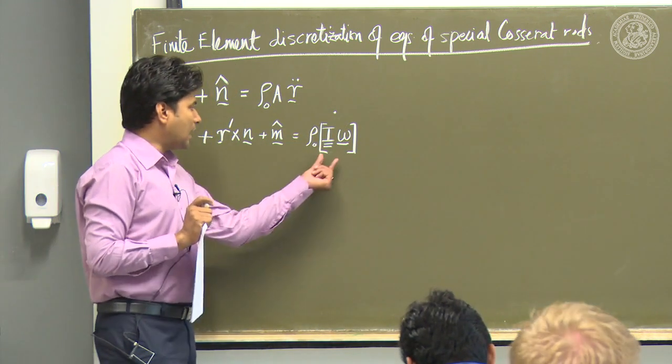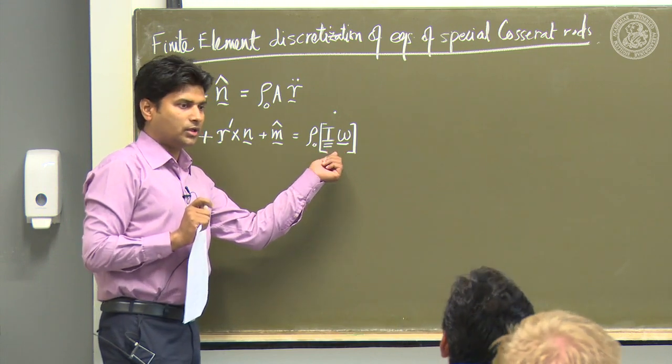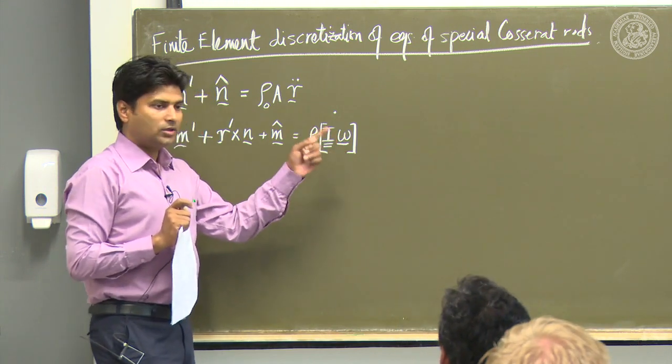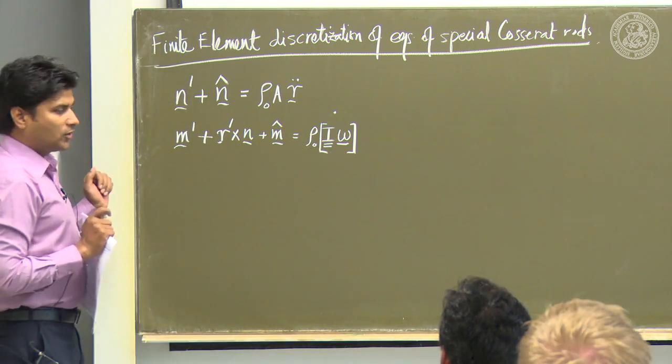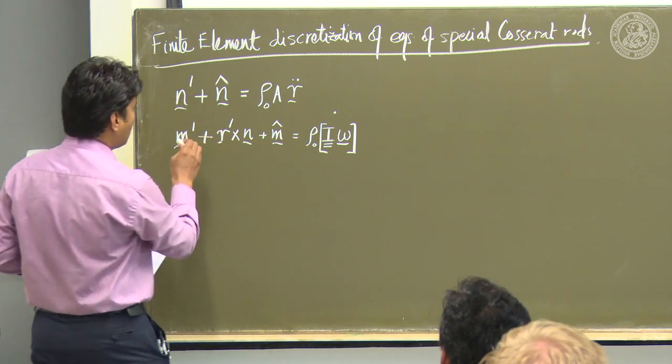So, that is the angular momentum of the cross section, and then we take its time derivative, that gives you the rate of change of angular momentum of the cross section. So, this is the strong form of the equation.